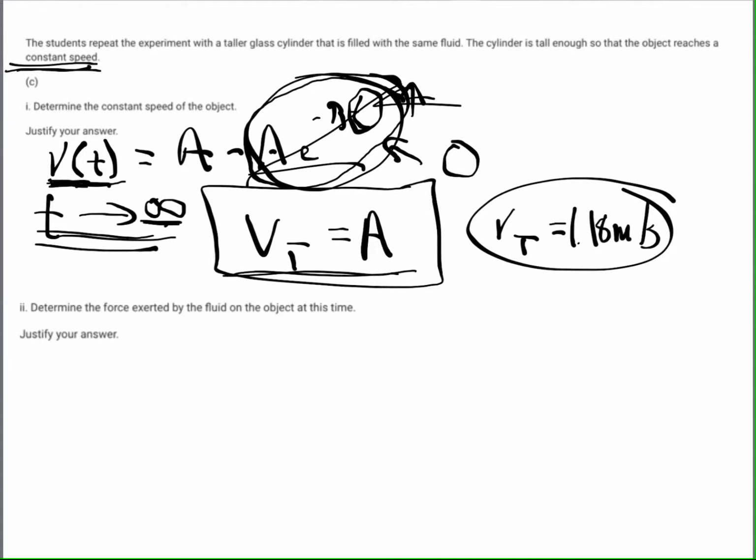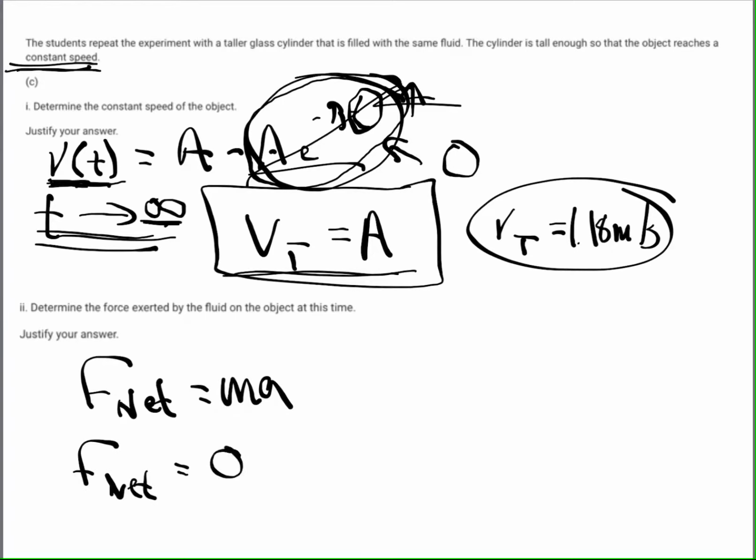Okay, 2. Determine the force exerted by the fluid on the object at this time. Well, when the acceleration is 0, that means that the net force is 0, right? Net force is ma. a would be 0, and therefore this would be 0.